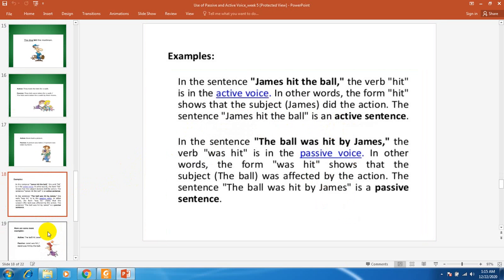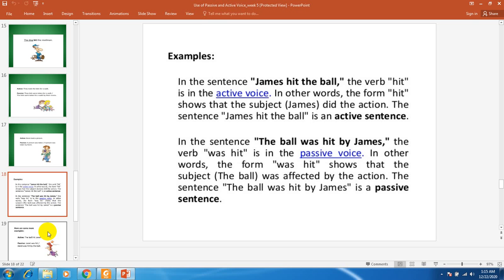Examples. In the sentence, James hit the ball, the verb hit is in the active voice. In other words, the form hit shows that the subject James did the action. The sentence James hit the ball is an active sentence.